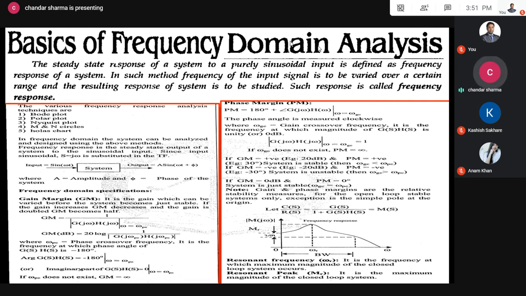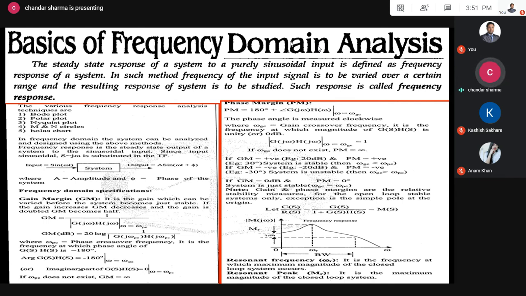The various frequency response analysis techniques are Bode plot, polar plot, Nyquist plot, Nichols chart, or M and N circles. So in the frequency domain, the system can be analyzed and designed using the above methods.